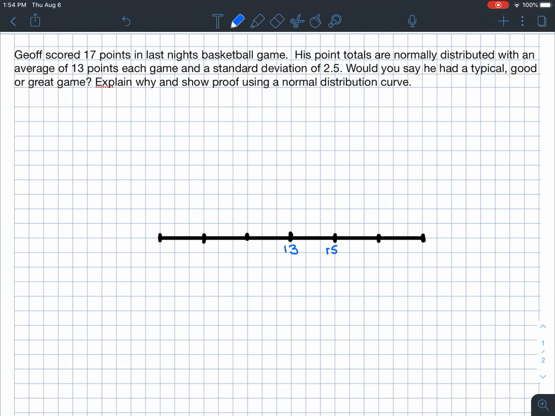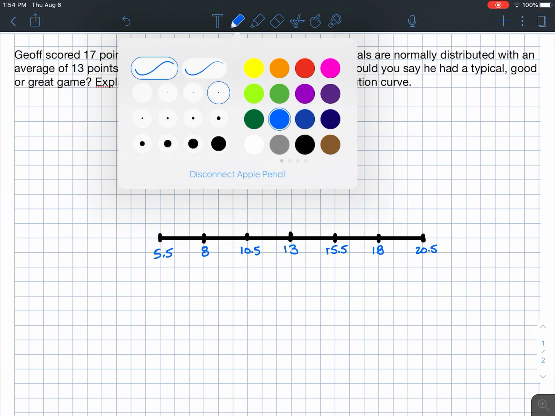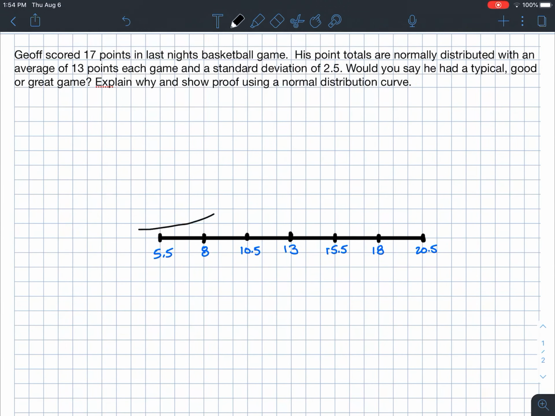So that means this is going to be 15.5. This is going to be 18. And this is going to be 20.5. This one down here, minus 2.5, that becomes 10.5. This becomes 8. And this becomes 5.5. So this is Jeff's normal distribution for how many points he scores in a game.